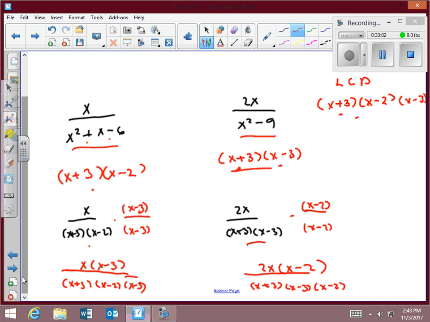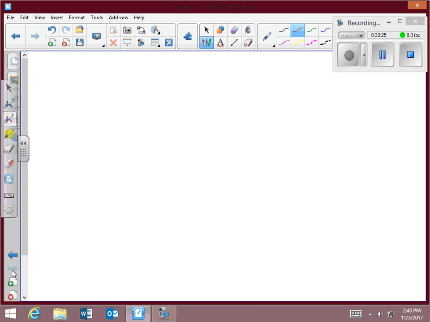Okay. Now, the next one says, when your denominators are least common denominators, what do you do with the numerators? So you see how we're just practicing along, finding the thing. So what do we do with the numerators?